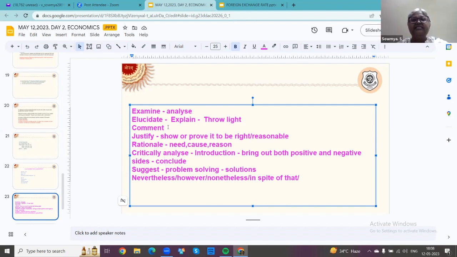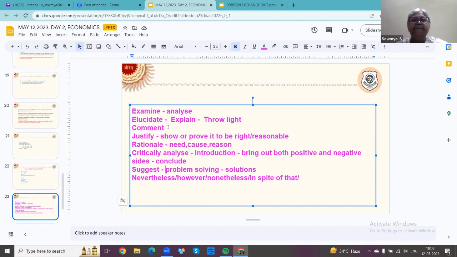And then suggest. Mostly it would be an open-ended question, as ma'am was pointing out. As economists, we're always asked to suggest, right? Give some kind of solution. There might be some problem, or a small case given, so a solution might be asked. That is when suggestions are needed.